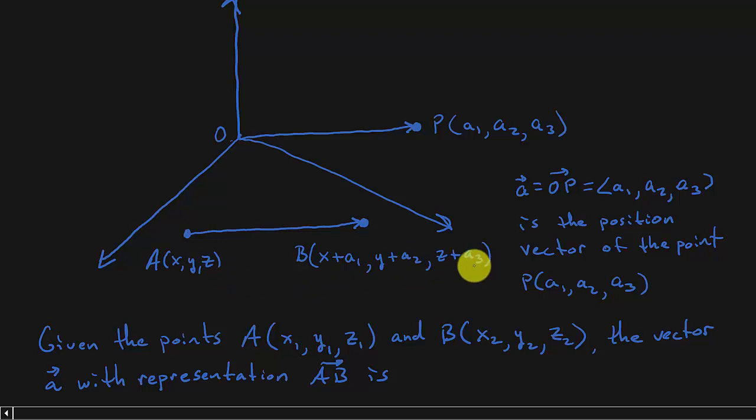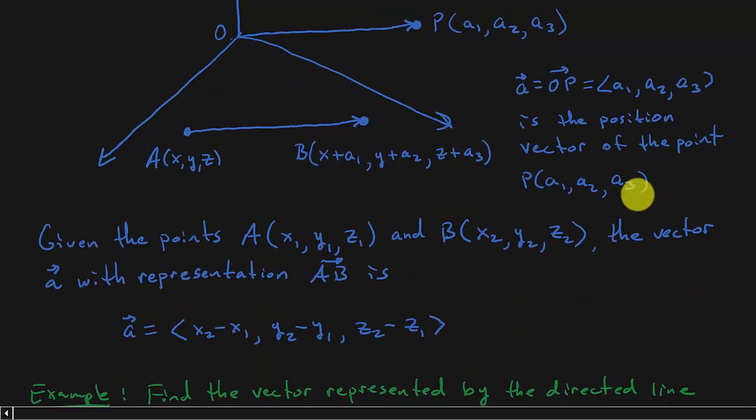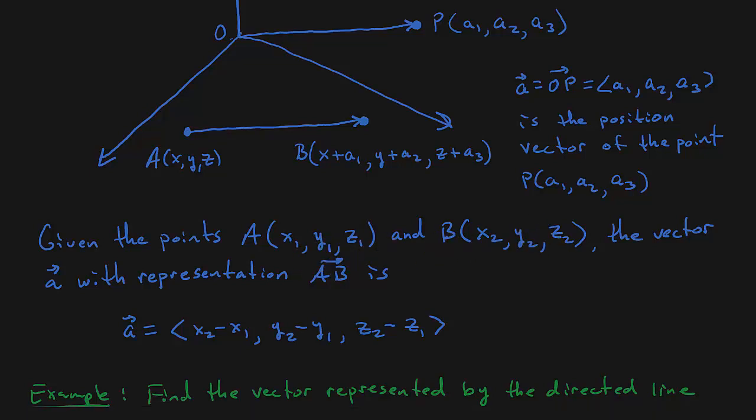And if we're given the points A and B, the vector with representation AB is <x2 - x1, y2 - y1, z2 - z1>. So what does that mean?